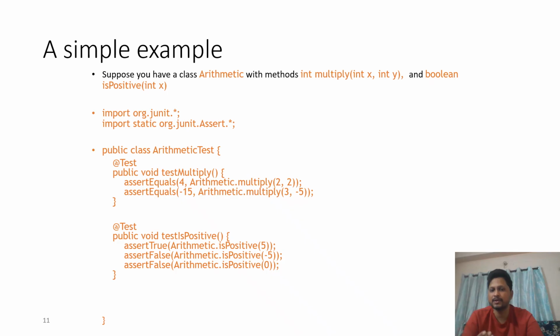If you see the method name I gave, it is testMultiply. We also need to follow camel case in Java, so similarly we follow testMultiply. Okay, testIsPositive: we can name it in any way, but for better understanding we write it this way.